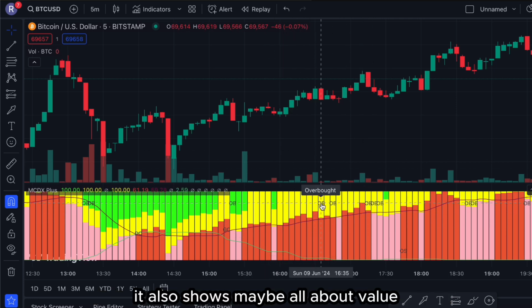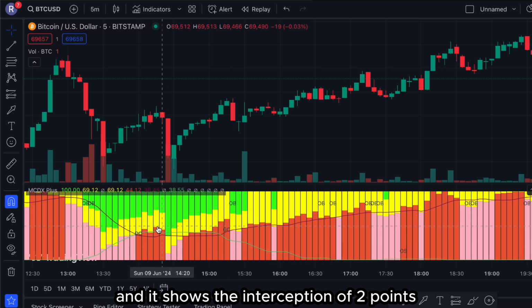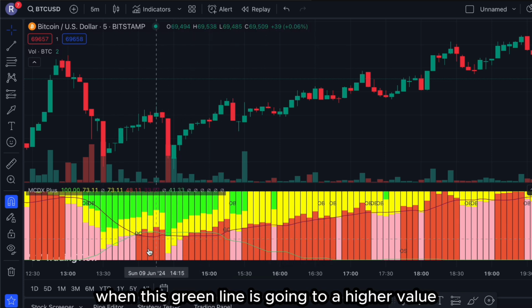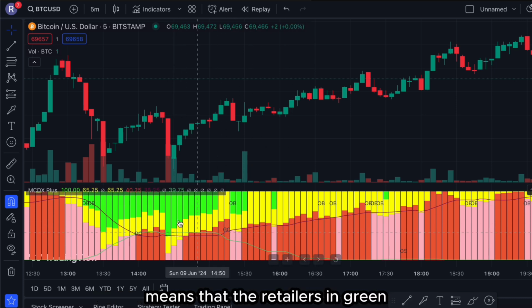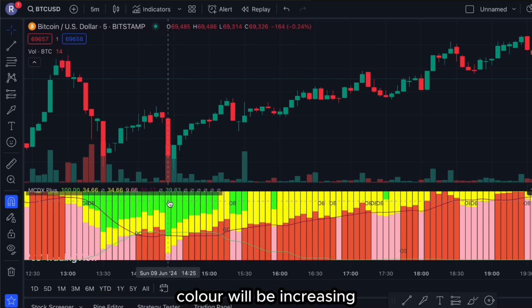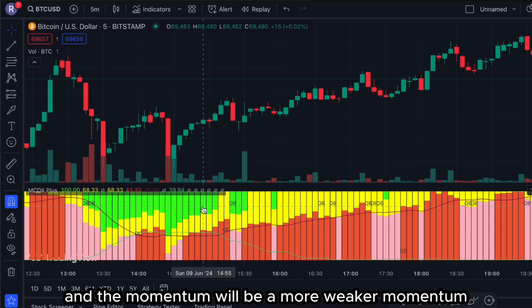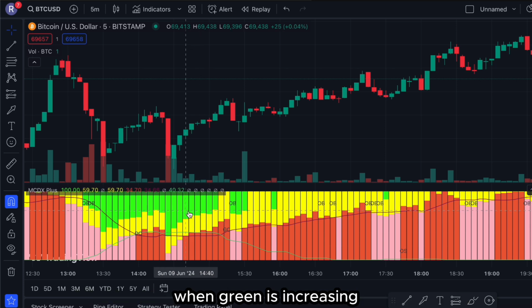It also shows maybe overbought values, and it shows the intersection of 2 points. For example, when this green line is going to a higher value, it means that the retailers in green color will be increasing, and the momentum will be weaker when green is increasing.